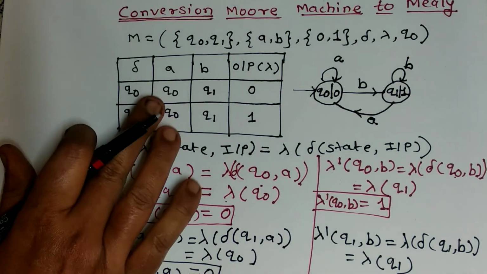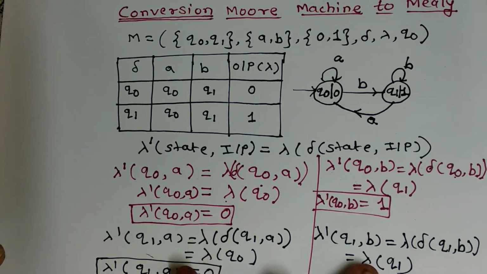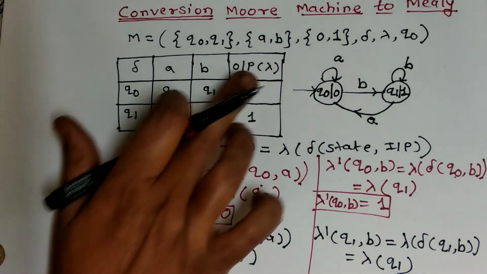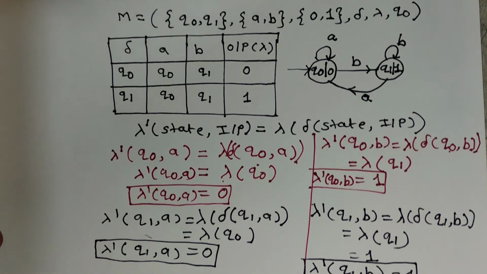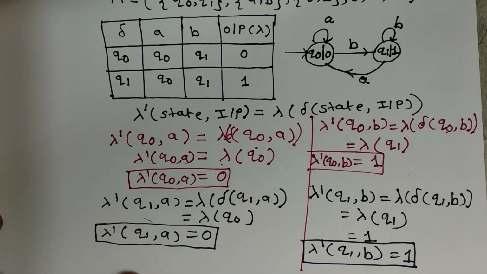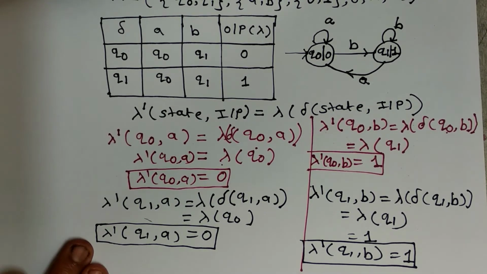By checking it, I get lambda of q1. q1's output, q1's lambda is what? q1's lambda is 1. That is your lambda dash of q1 comma b equals 1.